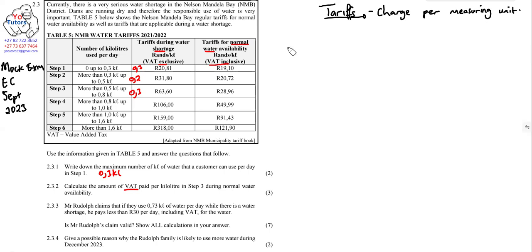It's always good to understand what this means. If we are talking of VAT exclusive, this amount is your 100%. If we are talking of VAT inclusive, you have added 15%, so this amount is actually 115%, because you have added 15% to the 100%. That's what we call a VAT inclusive amount.